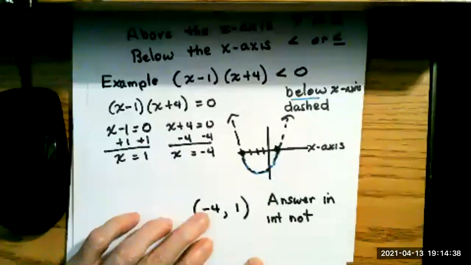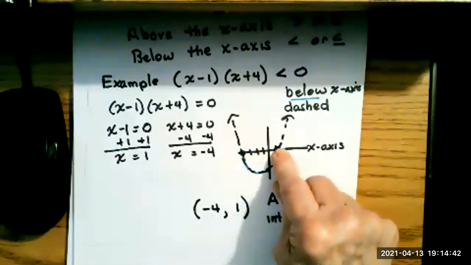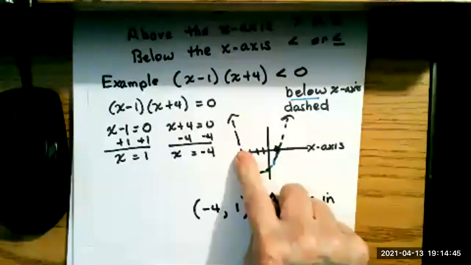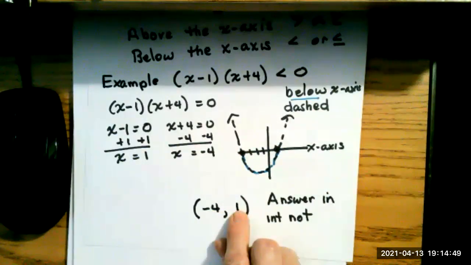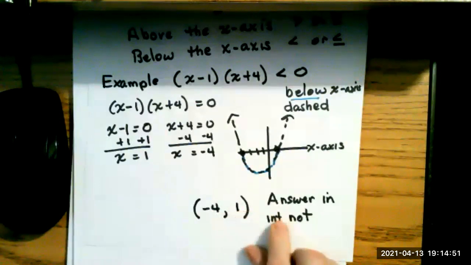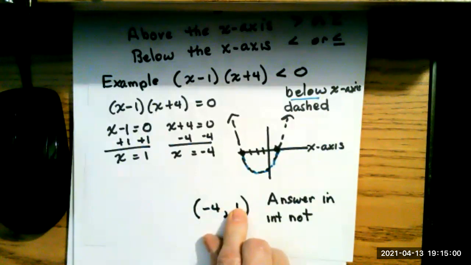This is an interval. This is an interval from this -4 to this 1. It's this whole interval in here. It just looks like a point because it just has the 2 numbers. But this is interval notation. It starts at -4 for the x value, and it ends at 1 for the x value.